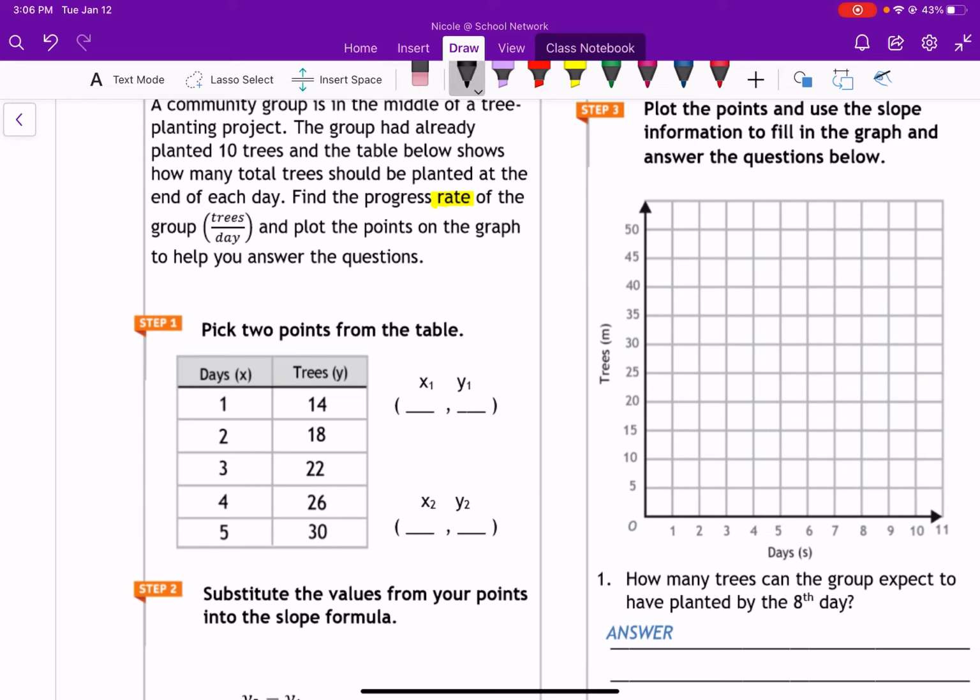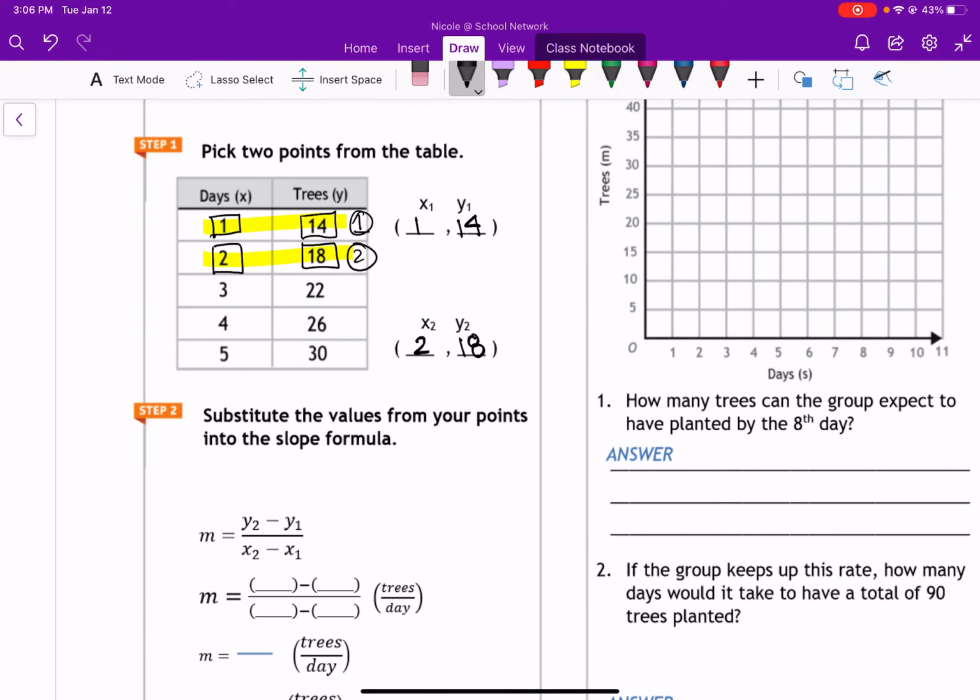So let's just pick two different points. I'm going to just pick these two since they're the smallest numbers. So x1 is 1, y1 is 14, x2 is 2, and y2 is 18. So from point 1 and point 2.